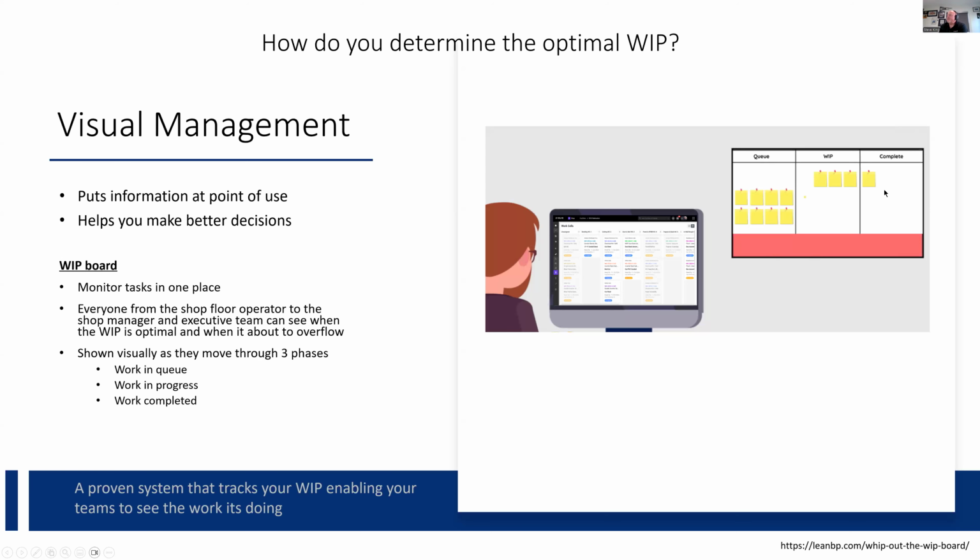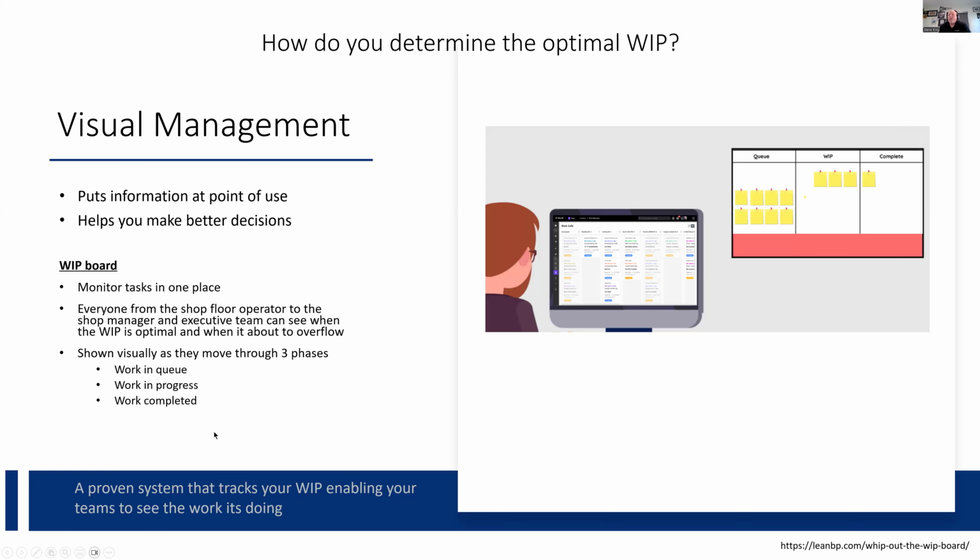So we're moving through this funnel of tasks that we need to do, tasks that we're starting on, and then obviously the final completion of that work order, moving it seamlessly through a logical workflow on the shop. So we're monitoring all these tasks in one place. Everybody can see it, and we're moving it through three phases of its production life cycle: queue, progress, and completed.